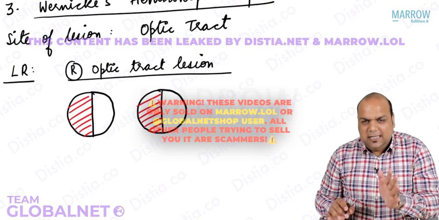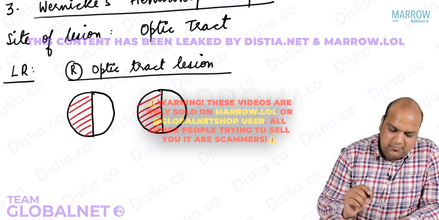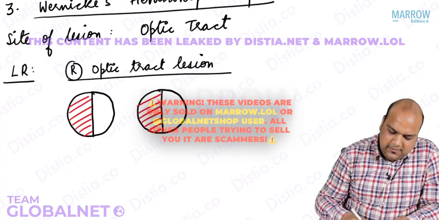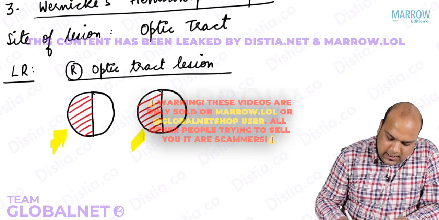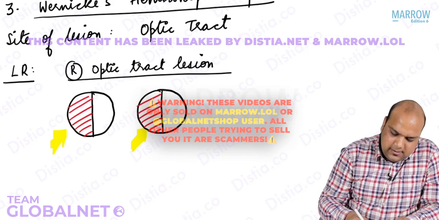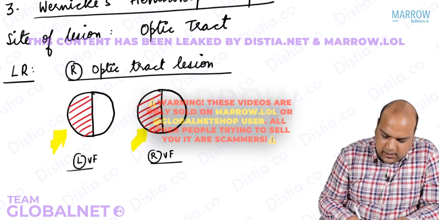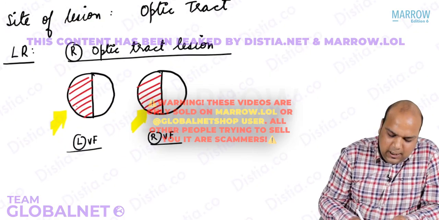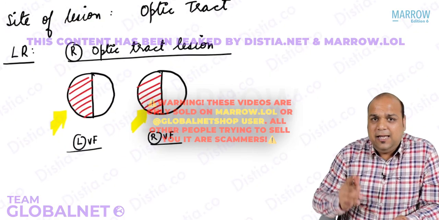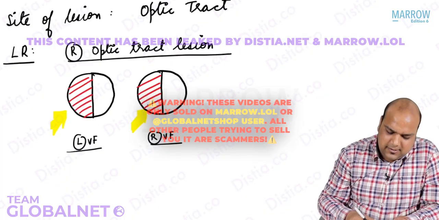Okay. So this will be the visual field presentation. Now, in this case, what will occur? If I throw light in any of these two quadrants, this is my left visual field, this is my right visual field. Everybody, you understand this? So if I throw light in any of the visual fields in which hemianopia is there, pupil will not constrict.